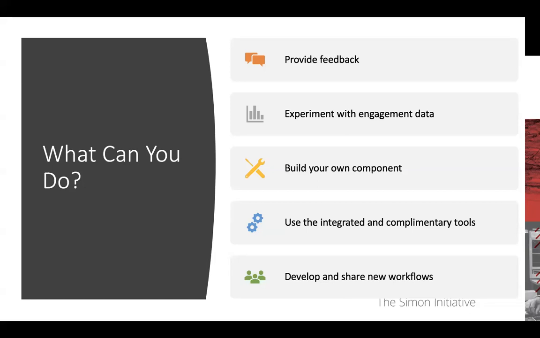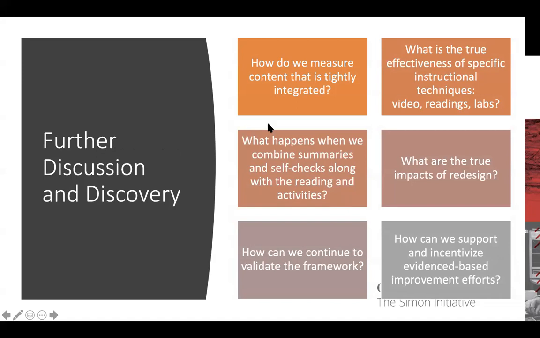So this has gone kind of fast, but I also wanted to share some questions I thought of, to start to talk about and think about with regard to these types of things. I think I've mentioned some of them, but how do we measure content that's tightly integrated?